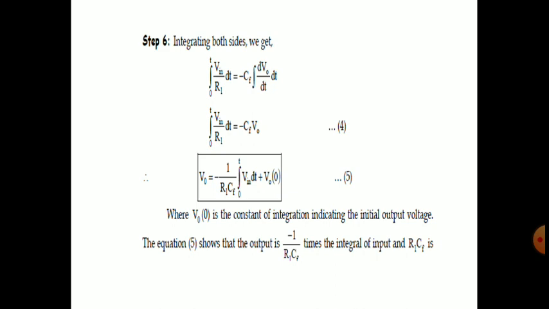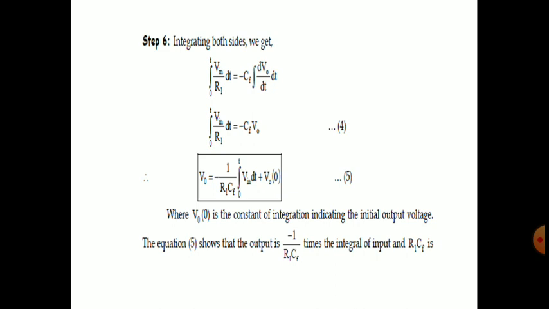And by mathematical adjustments we get the final equation: V output is equal to minus 1 by R1 CF, integral from 0 to t of V input dt, plus V out at 0 time. That is the initial value concept.